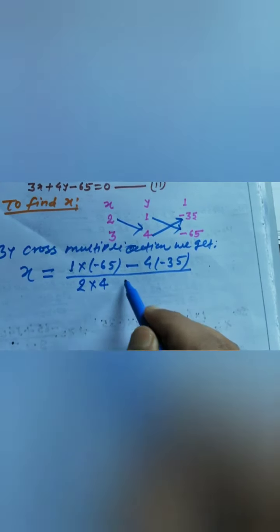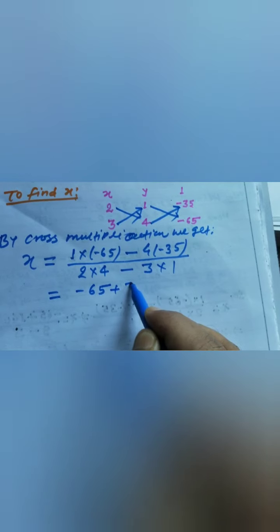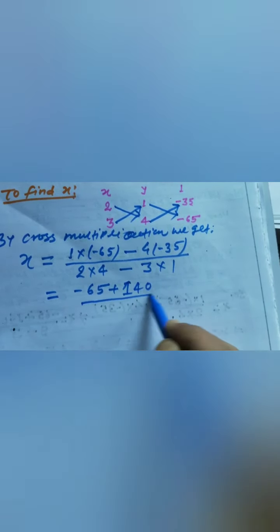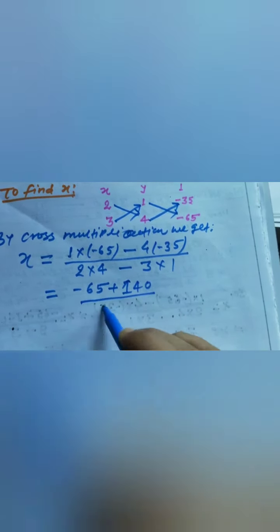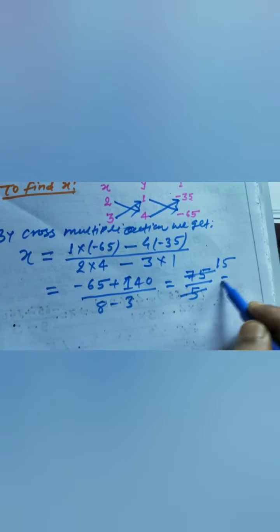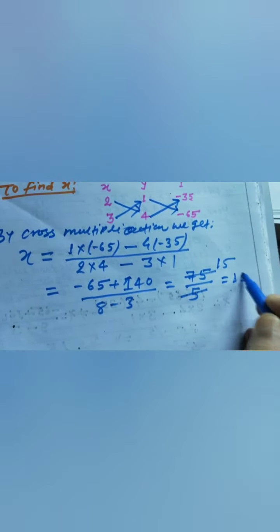So your x will be minus 65, and minus minus plus 140, upon 8 minus 3. 140 minus 65 will be 75 upon 5, and now you can cancel it by 5, so it will be equal to 15. So we have got the value of x, which is equal to 15.